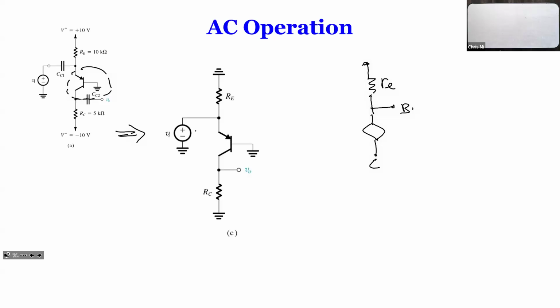In the NMOS, I mean, just make a little cutout here. So in the NMOS, you have this. So that's why you have a pi model like this.